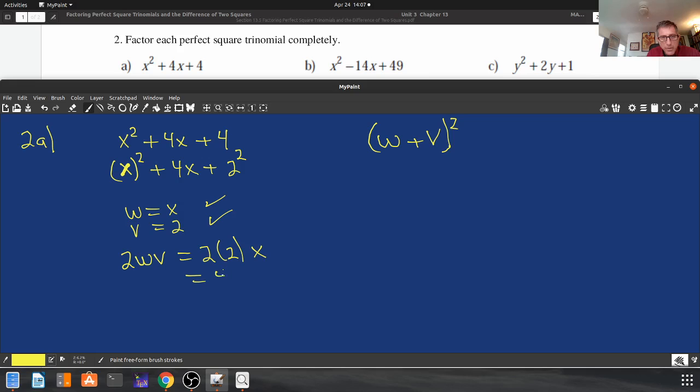So that's equal to 4x. Oh, well, that's what I have. So this is equal to w plus v squared, where w is equal to x and v is equal to 2. So I was just able to factor that polynomial without doing any table.